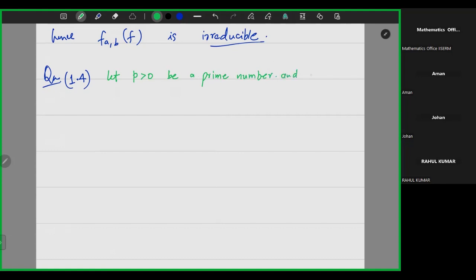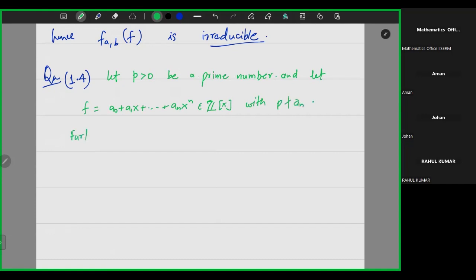and let F be the polynomial a0 plus a1x plus ... plus an x power n in Zx, with P not dividing an.